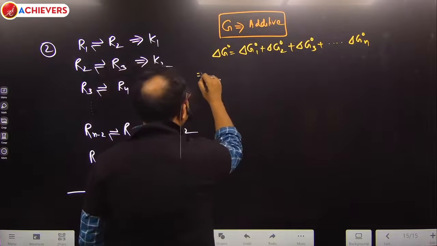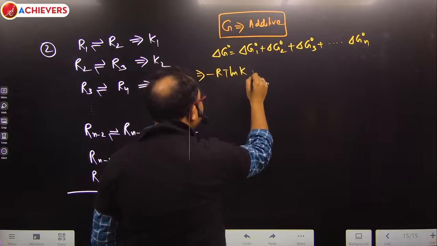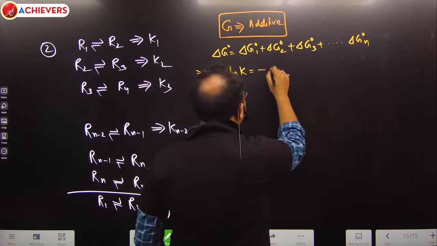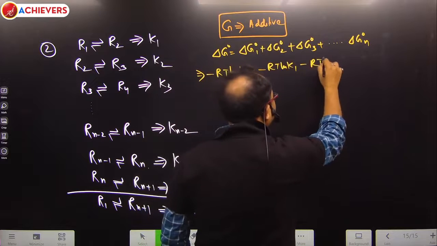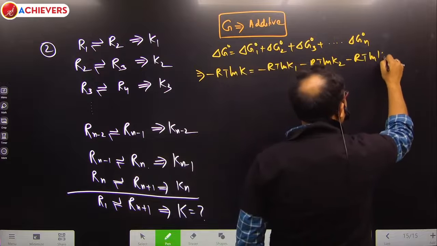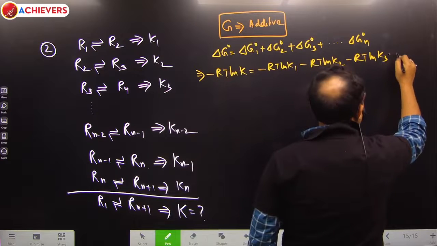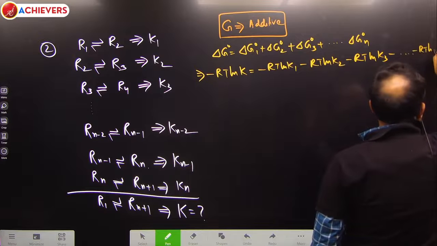Delta G0 is minus RT ln K, equal to minus RT ln K1 minus RT ln K2 minus RT ln K3 and so on, minus RT ln Kn.